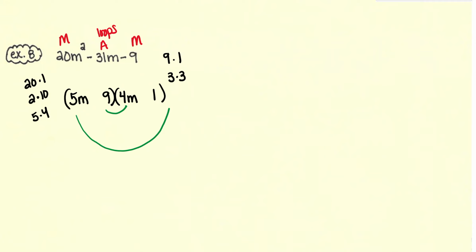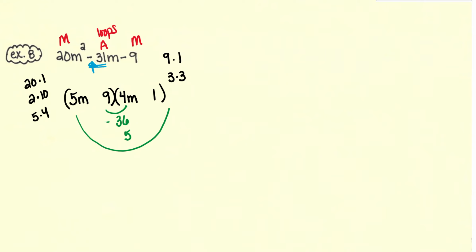Look at your loops. 9 times 4 is 36. 5 times 1 is 5. And then ask yourself, can I make a 36 and a 5 in any way get to a 31? And I can if I subtract them from one another. But look at your middleman. Who's got to win the battle? The negatives do.